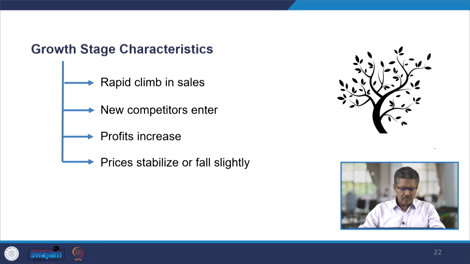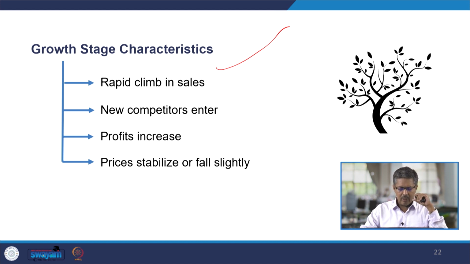Okay. The next stage is the growth characteristics, where the sales would climb rapidly and new competitors will enter the market, overall profits will increase, and prices will stabilize or slightly fall.